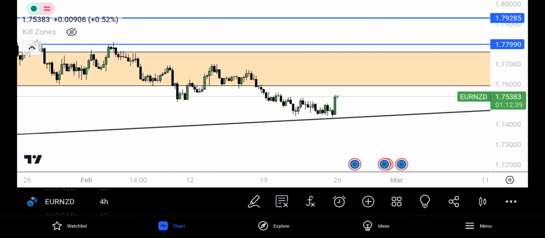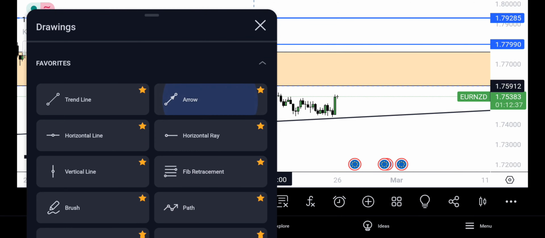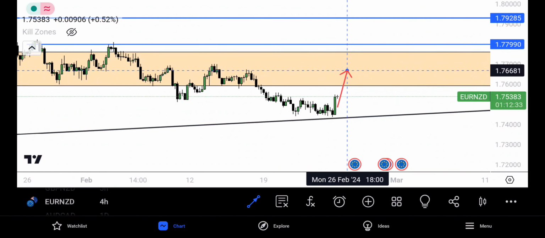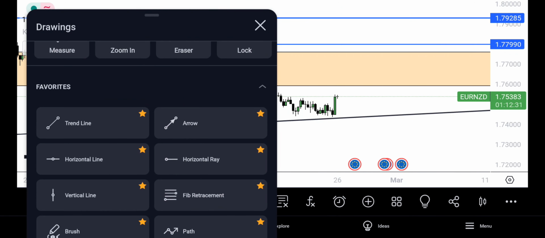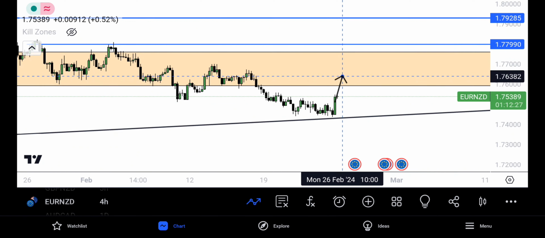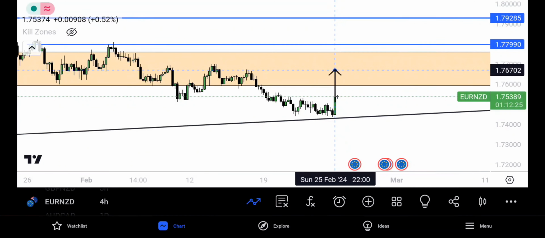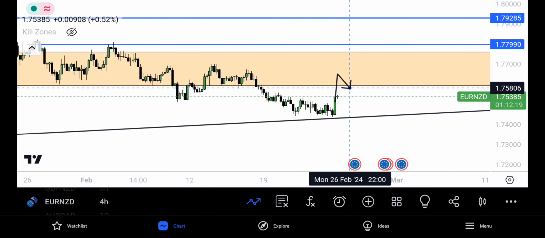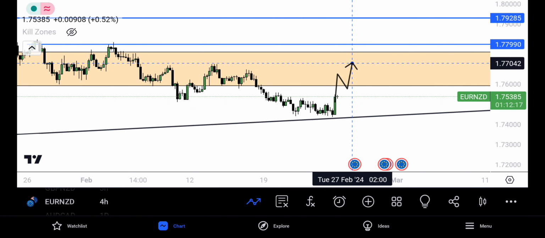And so we're looking at price to retrace back to this resistance level here. So when price gets to this level, we'll wait for a head and shoulder pattern to show up, something like this.